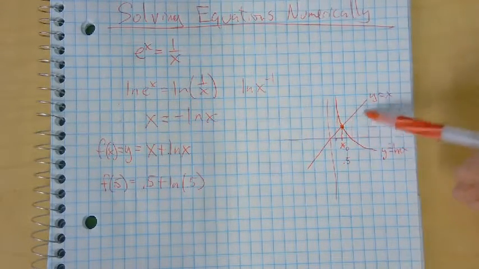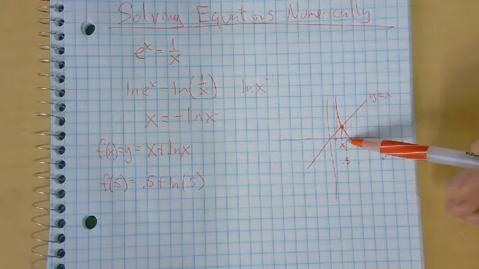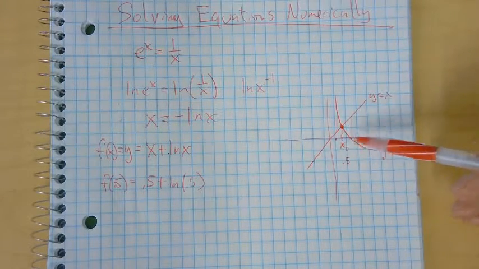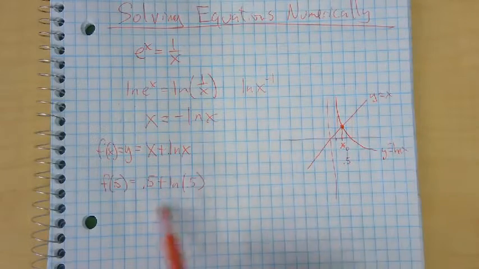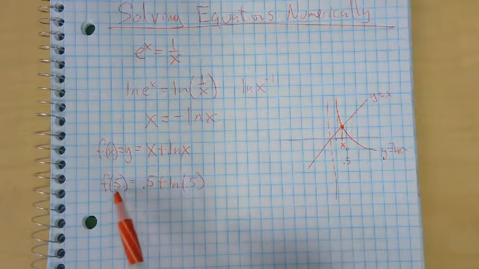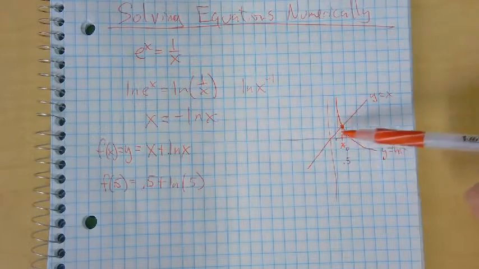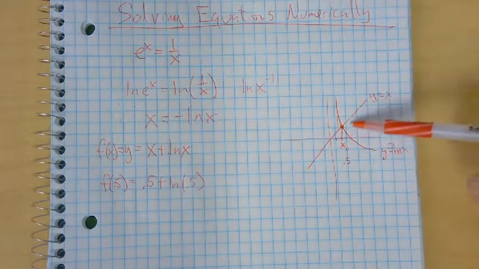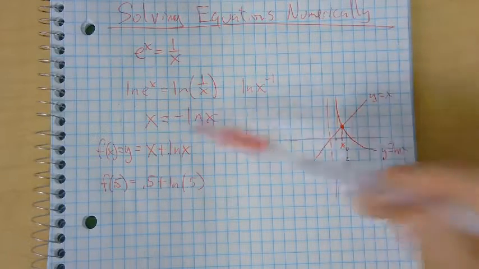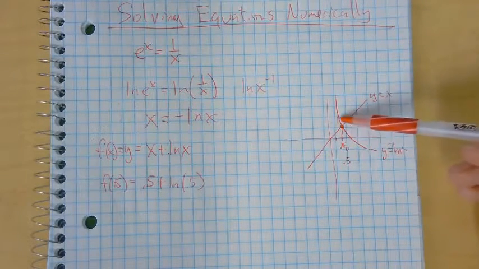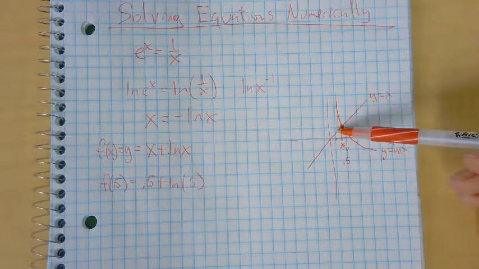Whereas if I'm this way, this minus this is going to be a positive number. So by plugging in this point, I know it's somewhere around 0.5. When I plug that in, if I get a positive number, I know that I'm actually on this side of where the actual root is. And if I get a negative number, I know that I'm actually on this side of where the root is.